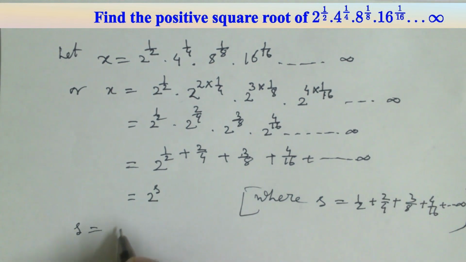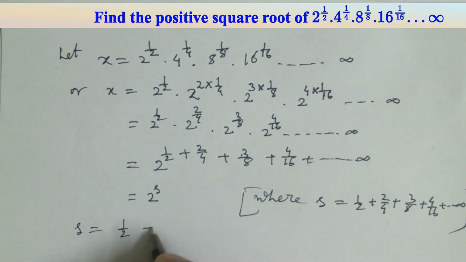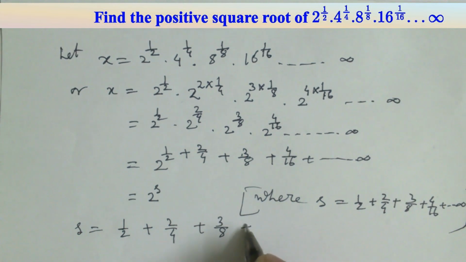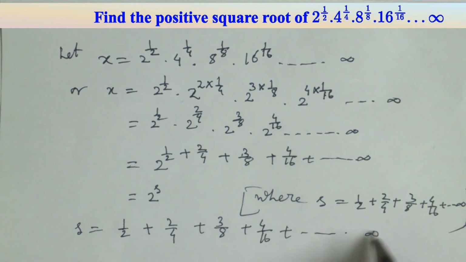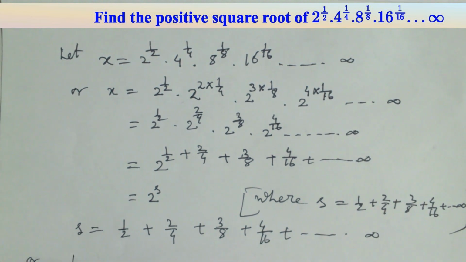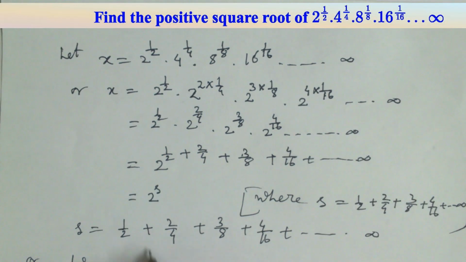Now we have to find out s, which is half plus 2 by 4 plus 3 by 8 and so on. Now if we multiply both sides by half, what will be?